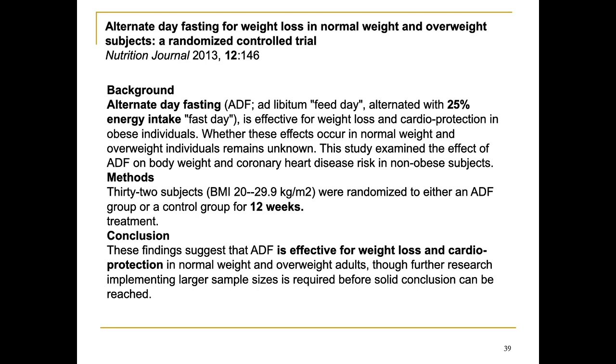Now, this study that I'm showing here shows not only that that's good for obese people, but also people at normal weight or overweight. So alternate day fasting is really just a good way to maintain your weight and your health overall.